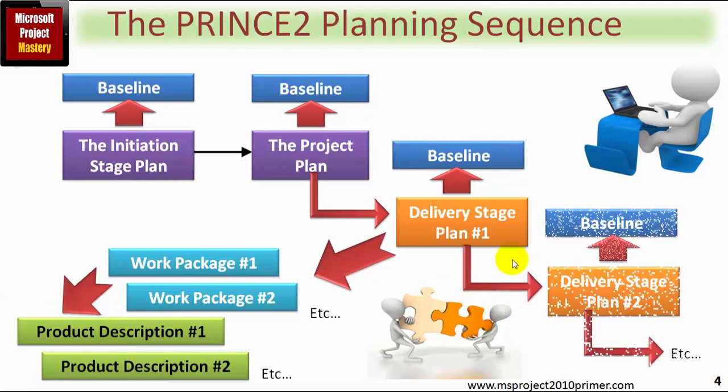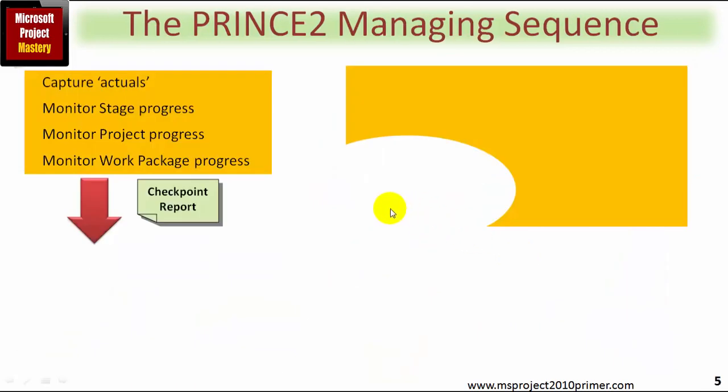After that, we'd create the next delivery stage, if indeed there is a second, or a third, or a fourth, and the same occurs in that each stage plan consists of at least one work package with at least one product description in it.